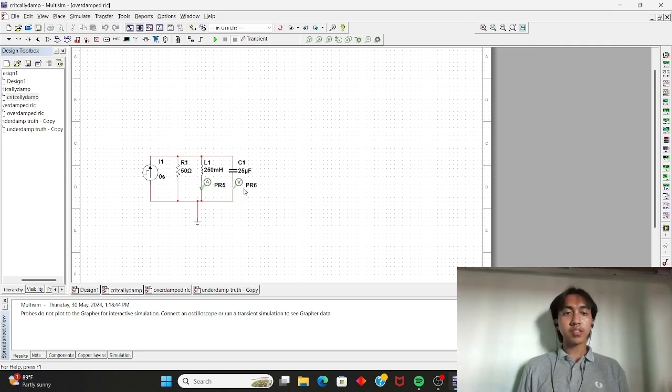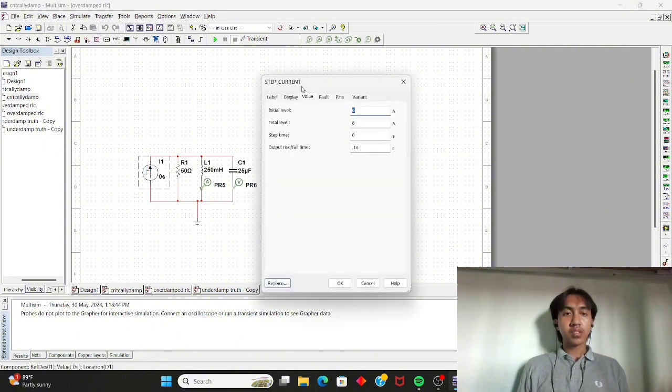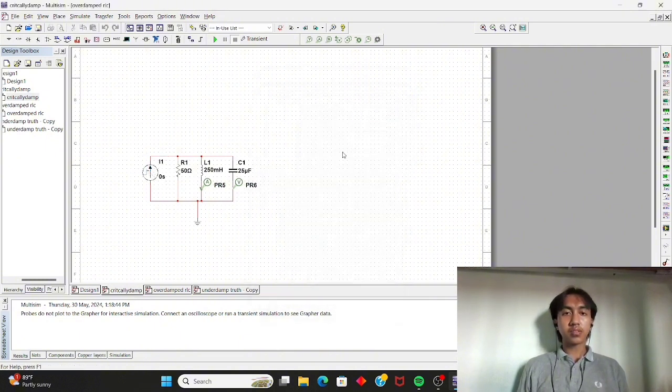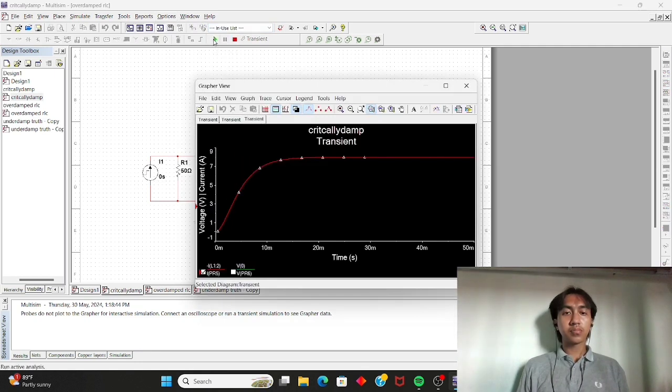So this is the circuit. After I build the circuit, I use a step current to get a waveform. So I will run the circuit. So this is the critically damped.